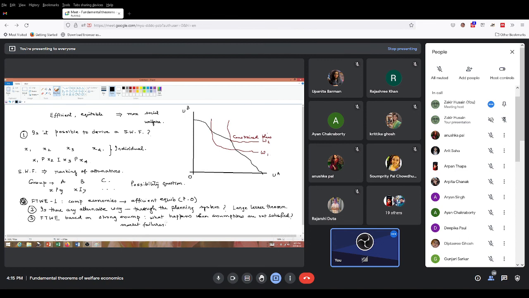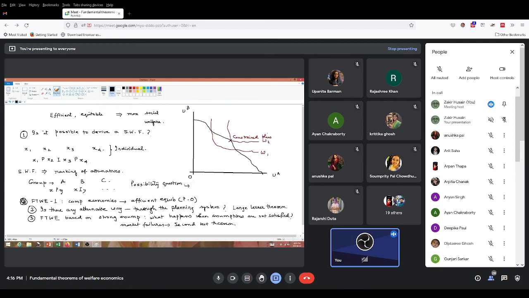So, we have arrived at the crossroads, you can see. There's another question which I forgot to say, the answer to this possibility question. See, suppose it's possible to derive a social welfare function. Then I know that this is the point which I want to arrive at.